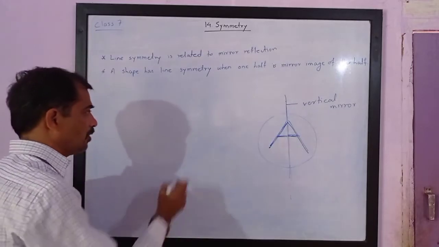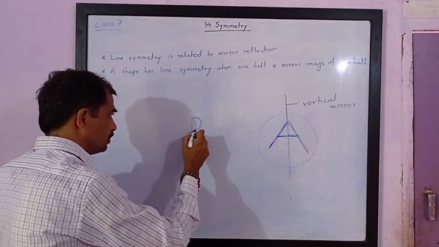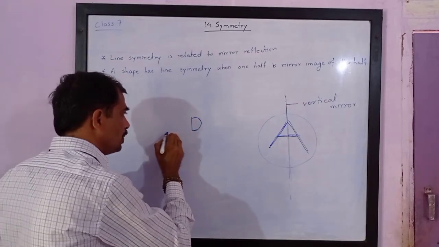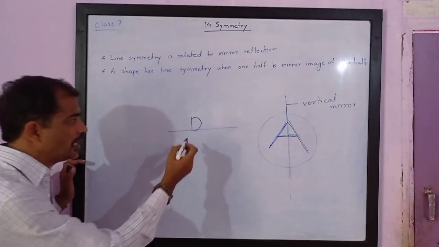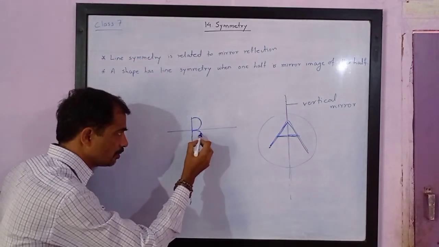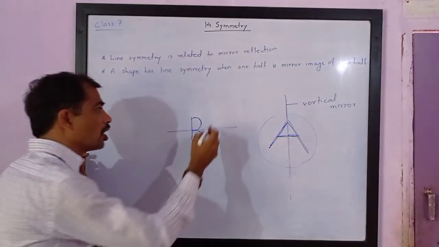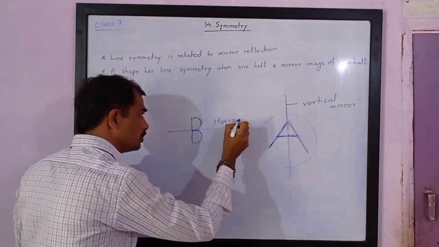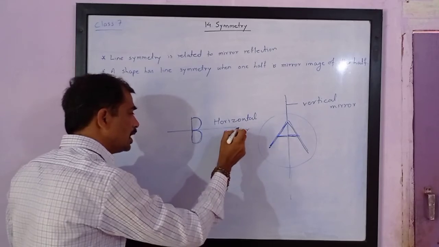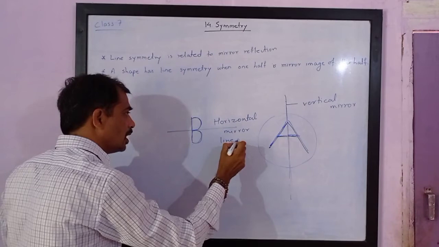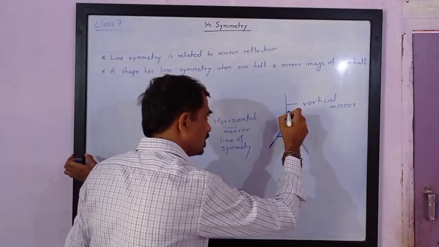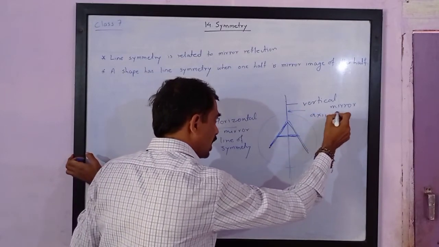Take some other alphabet, for example alphabet B. Here if I keep the mirror horizontal, then I will get the reflection downside. Please note, the mirror is kept horizontal. So the horizontal mirror itself is a line of symmetry, or axis of symmetry.